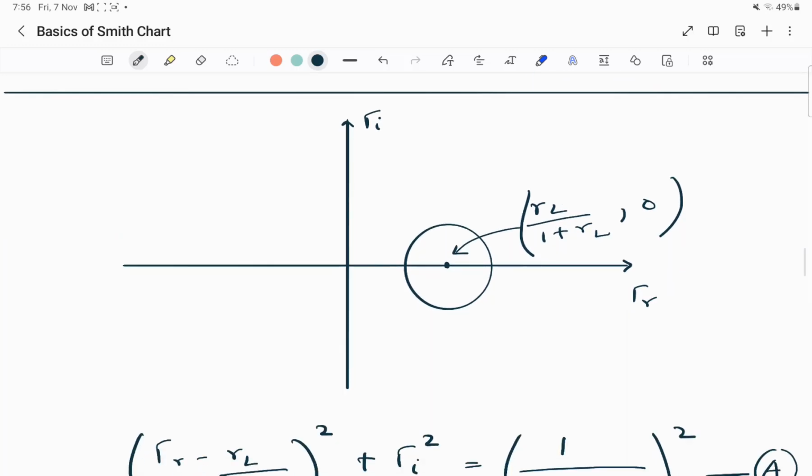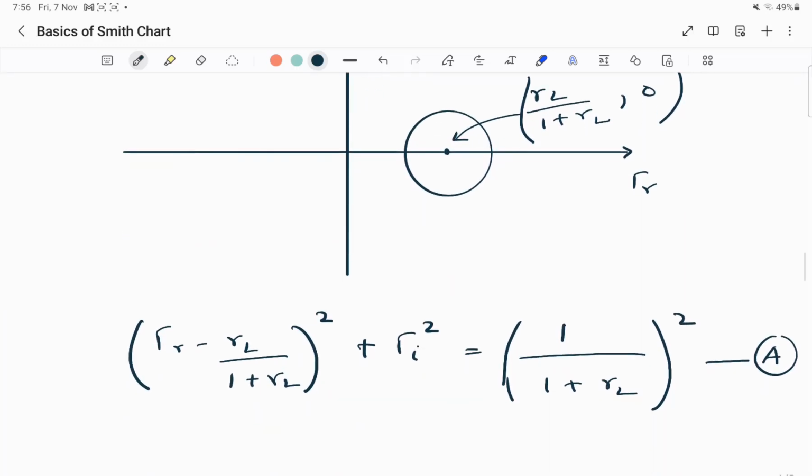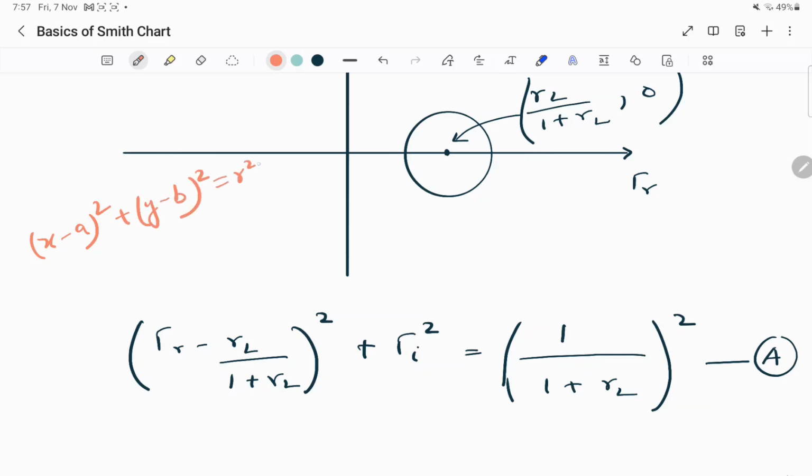Alright, okay. Now let us look at this first equation, which is equation A. In this equation A, if you see carefully and compare it with (x minus a) whole square plus (y minus b) whole square is equal to r square, you will find that a is equal to this and b here is 0.